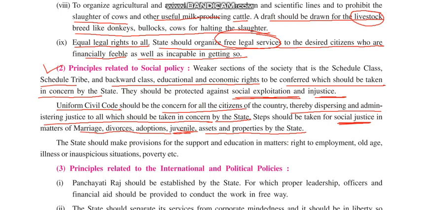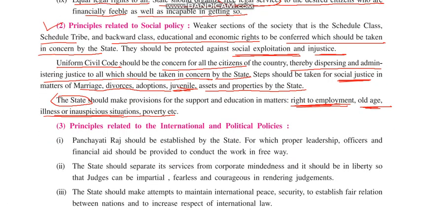The state should make provisions for support and education in matters like right to employment, old age, illness, inauspicious situations, poverty, etc. It is the responsibility of the state to see and support people who are suffering from this: unemployment, illness, and the poor.